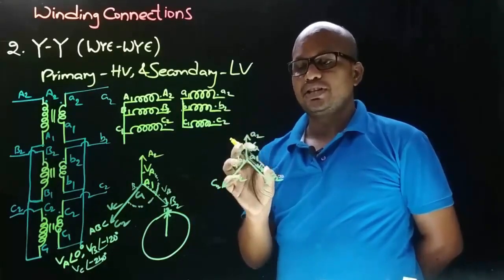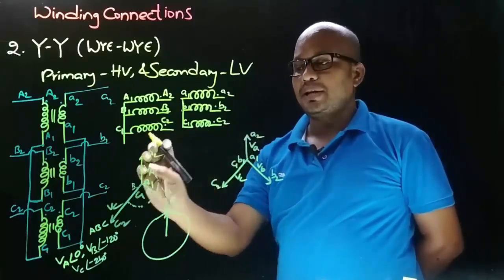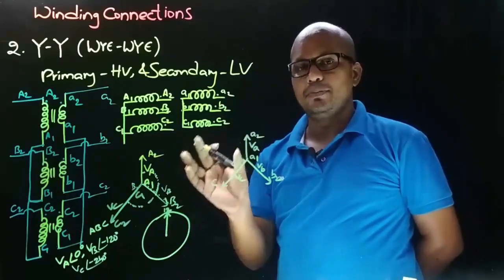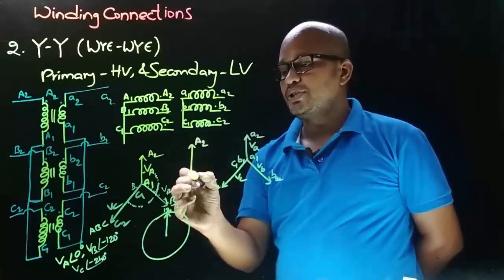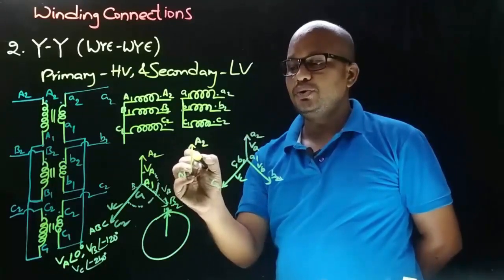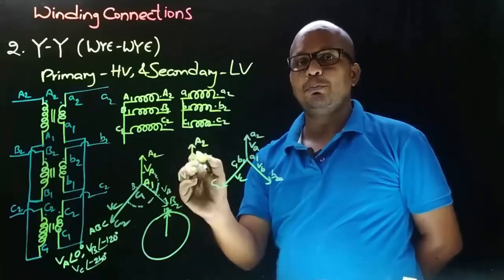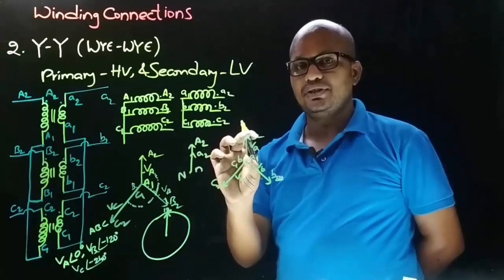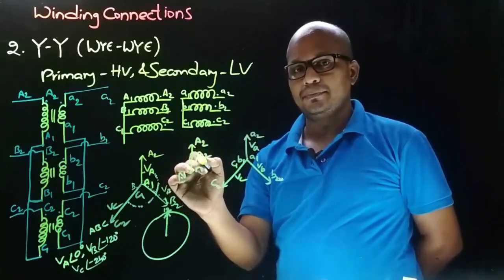hours needle. So let's first superimpose this diagram on this diagram and observe the primary side phase 2 neutral voltage and secondary side phase 2 neutral voltage. So if you observe, both the primary side phase 2 neutral voltage and the secondary side phase 2 neutral voltage will look like superimposed on each other, and as the secondary side phasor is represented with hours needle, this is how it is drawn.